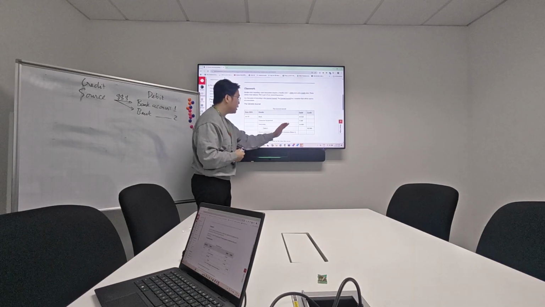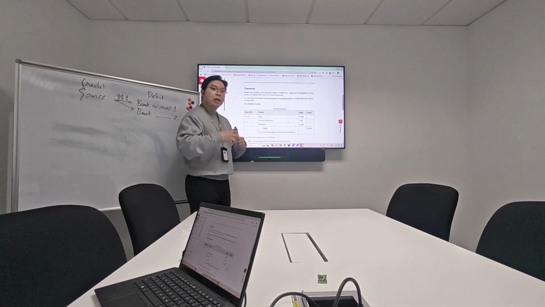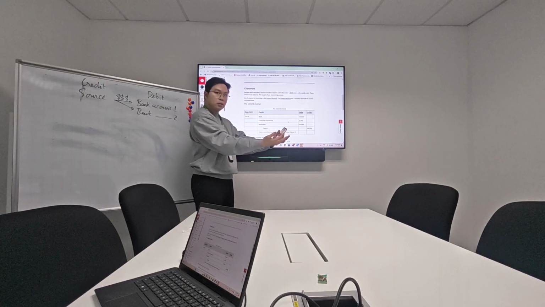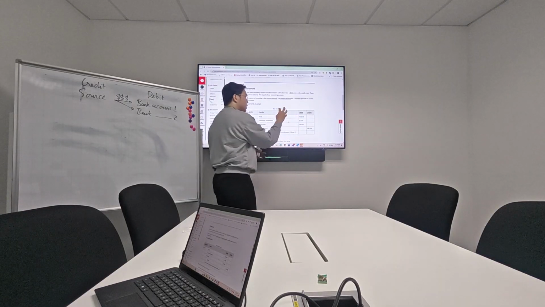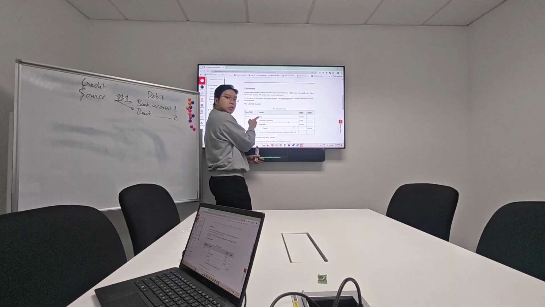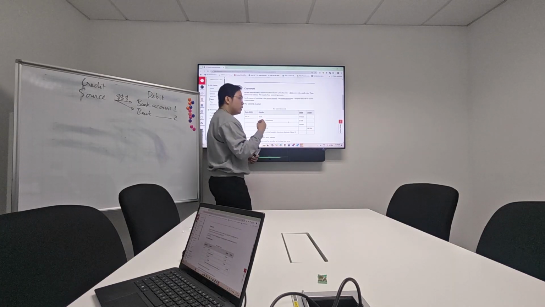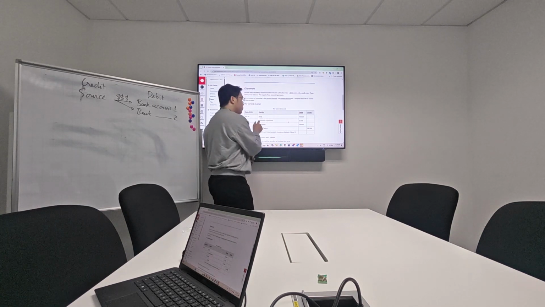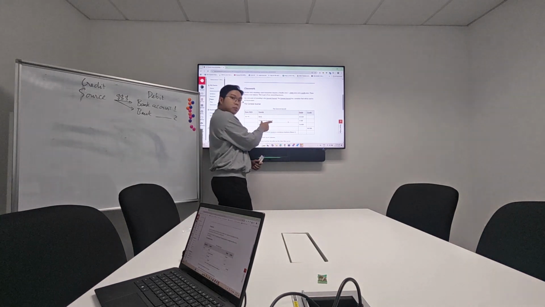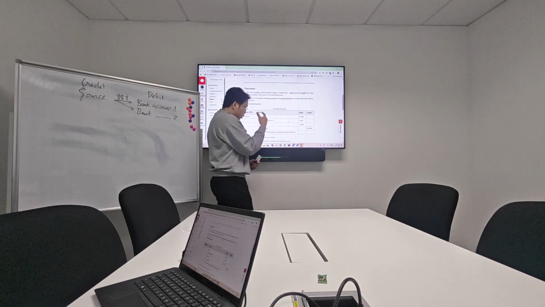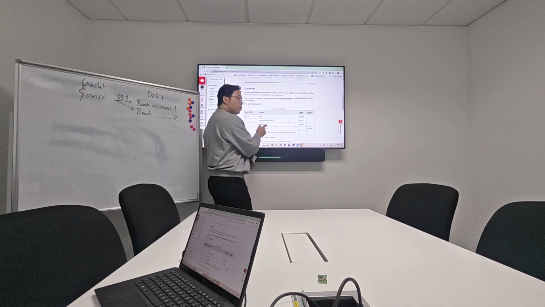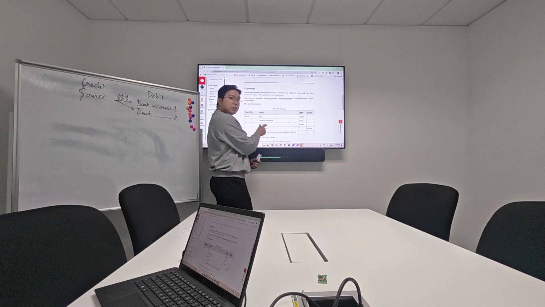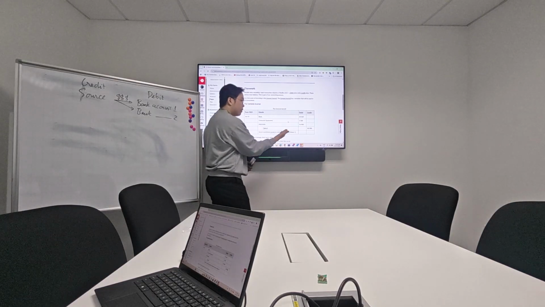So what's happening here is the owner is contributing 40,000 to the business in cash. That's why it goes into cash at bank. The owner also bought a computer for business purposes, and bought the motorbike also for business purposes. And that's why we have these entries.